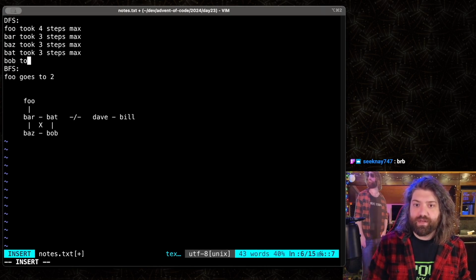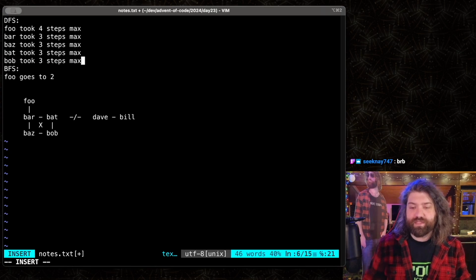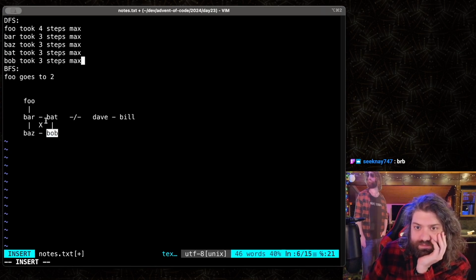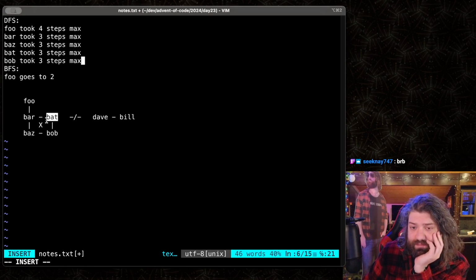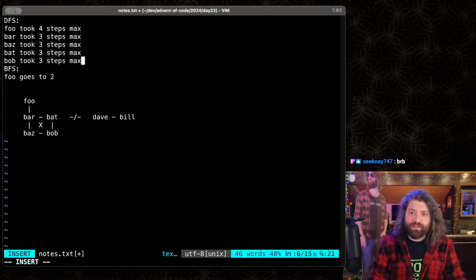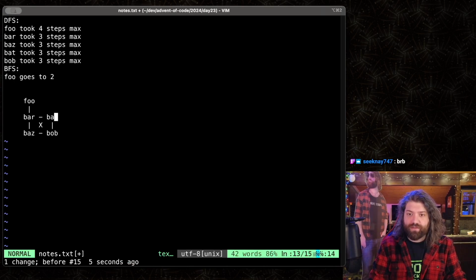Let's see. Bob could also take 3 steps max. What does this tell us? Does it tell us anything useful? I have no idea. Because let's complicate this. Why not? This also changes. Oh, this changes a lot if I do that.